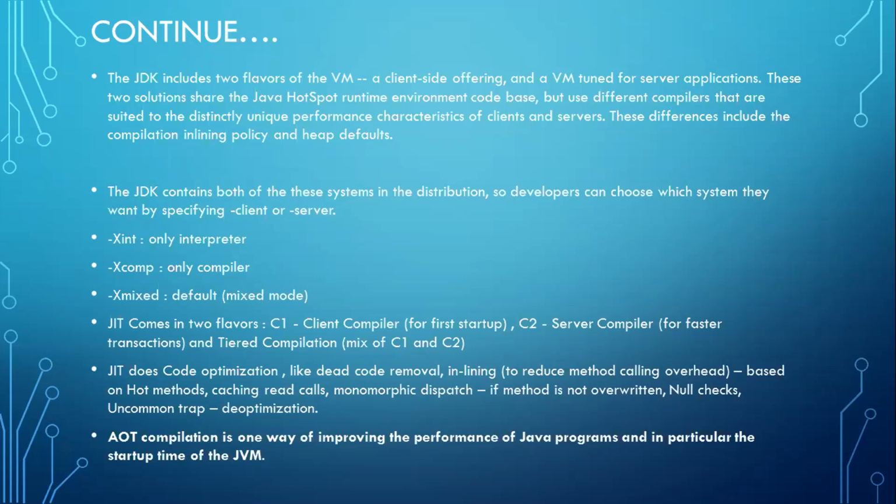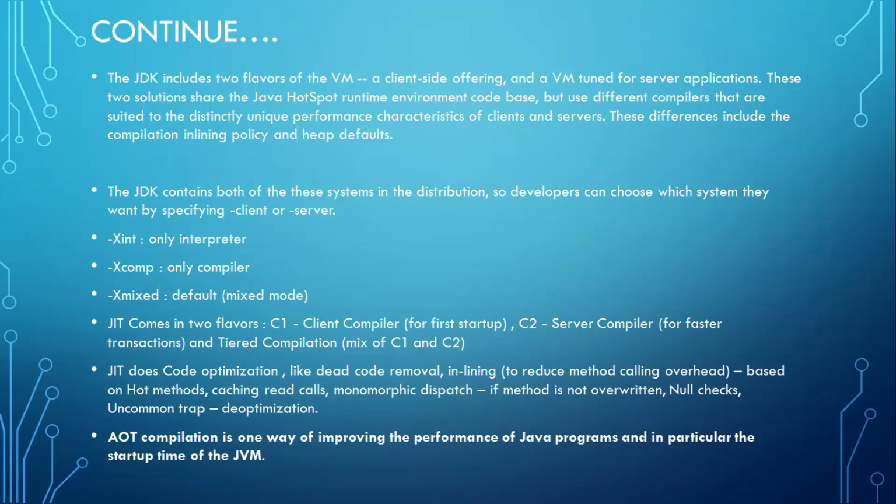So JIT compilation, let me reiterate, is just-in-time compilation. It's a runtime-provided compilation to make sure your Java program runs faster. How does it achieve the speed in running that Java program? Let's take an example.